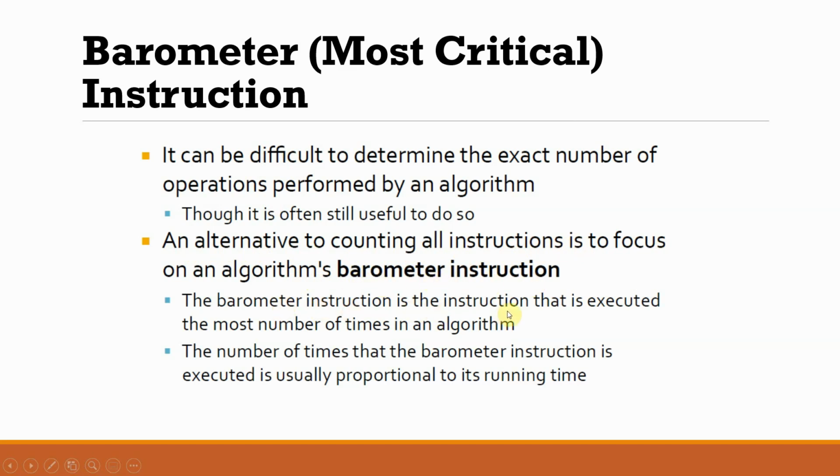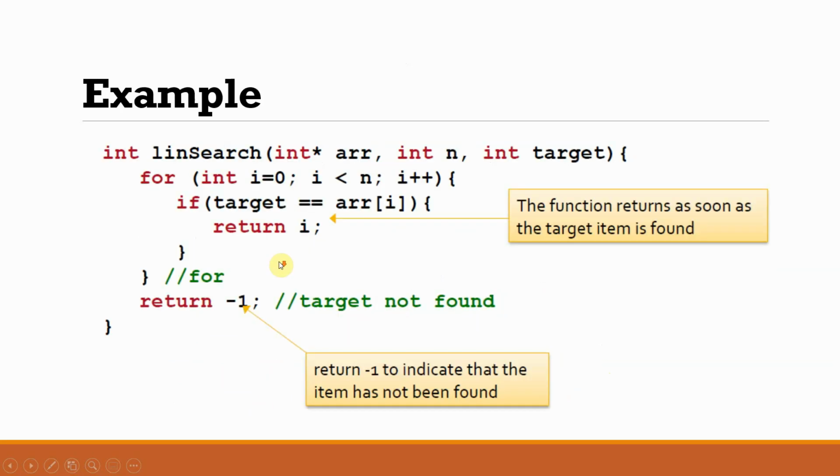This instruction is the operation that is executed the most number of times in an algorithm, and the number of times it is executed is usually proportional to its running time. This is how time complexity can be measured by the number of times that this most critical instruction is executed.